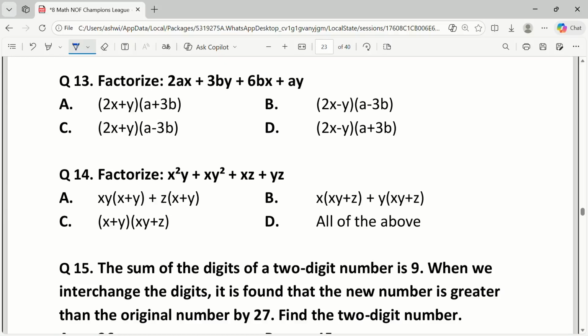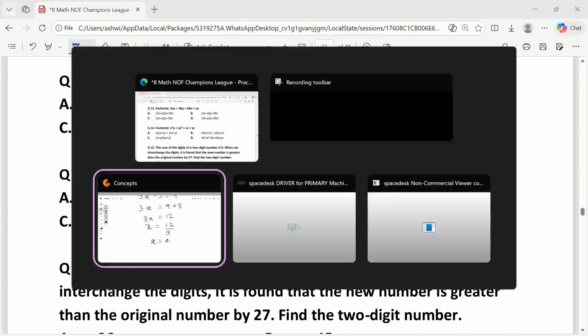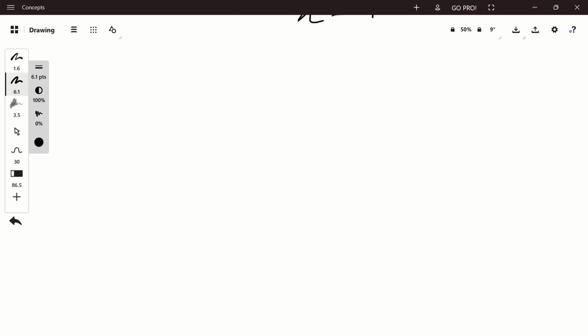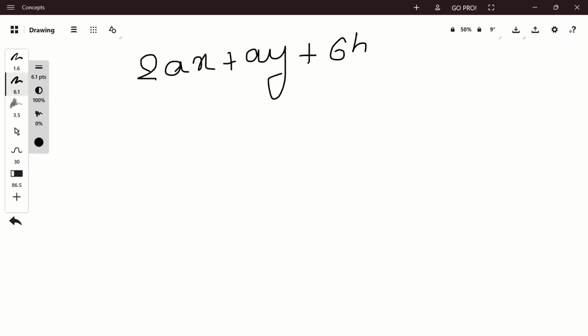Question 13. Factorize 2ax plus 3by plus 6bx plus ay. Grouping terms with common factors, we have 2ax plus ay plus 6bx plus 3by.